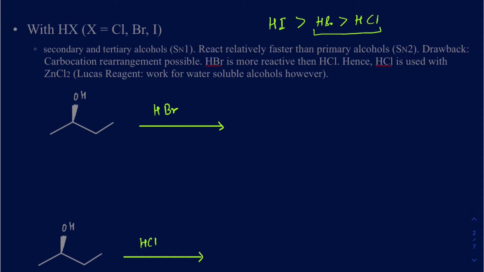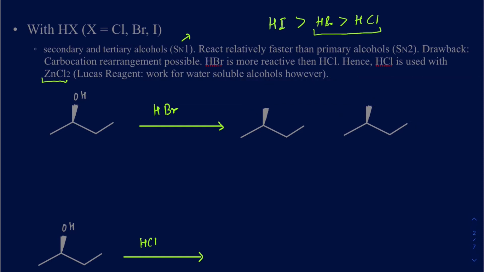Anytime you're using HCl, you typically use a Lewis acid, something like zinc chloride, and that's also called the Lucas reagent. I'll talk about that in a minute, but let's see what really happens in the case of these reactions. If you have a secondary or tertiary alcohol, they primarily go through an SN1 mechanism, where, if you recall, the SN1 mechanism could give both products.